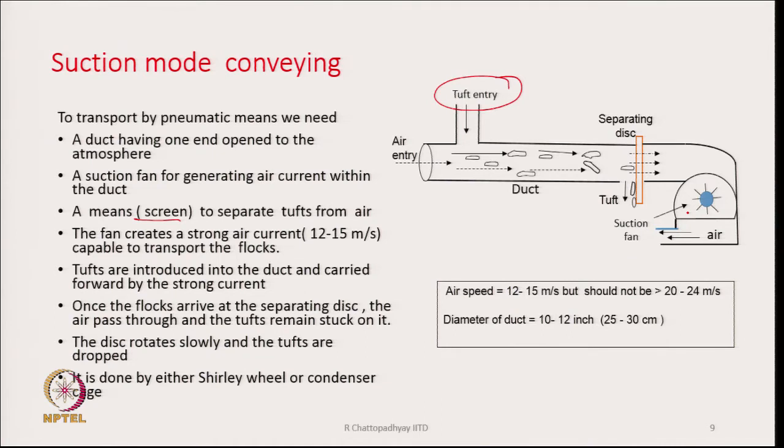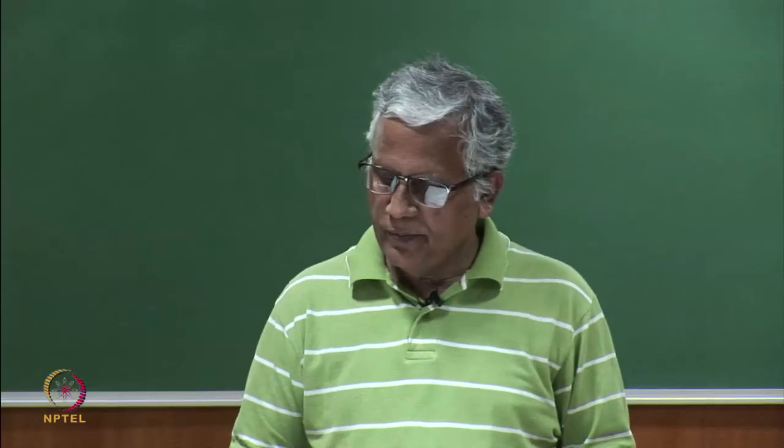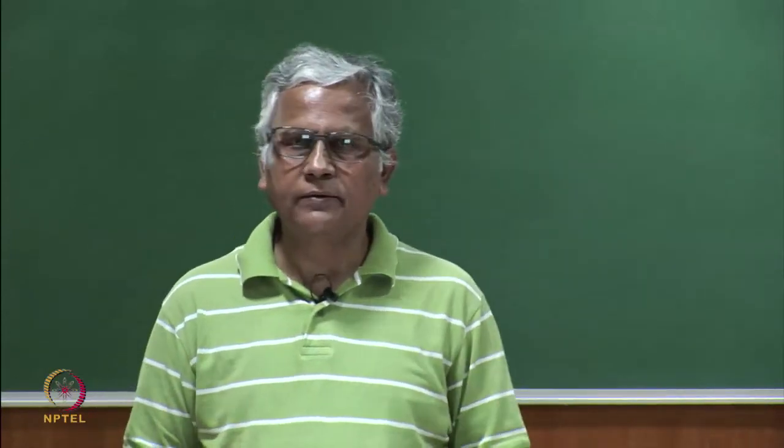The disc rotates slowly, and the tufts will be then dropped down as shown in the diagram, and as the separating disc we use either a Shirley wheel or a condenser cage for separating tuft from air. So, we will discuss what is a Shirley wheel and what is a condenser cage. These two are very common in the blow room line.